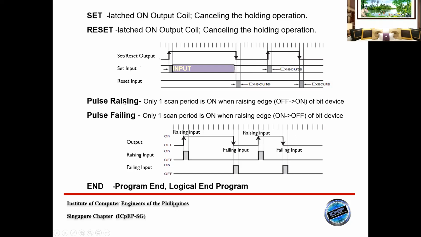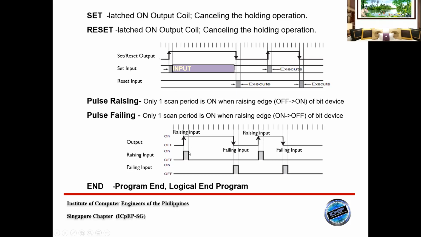A very important special function is the pulse rising and the pulse falling. This is on for only one scan period. For example, your scan is only 0.4 milliseconds, so your input will be turned on only for that period.